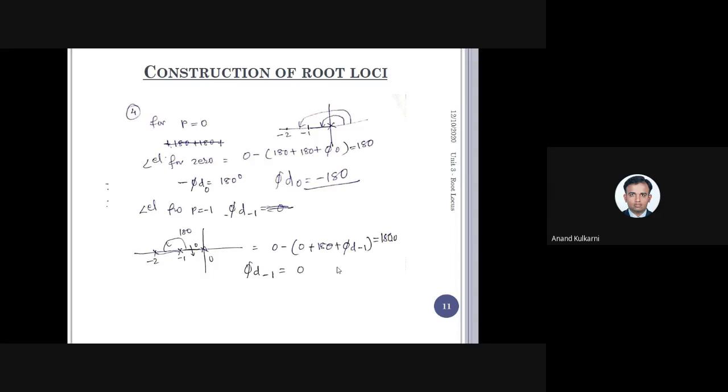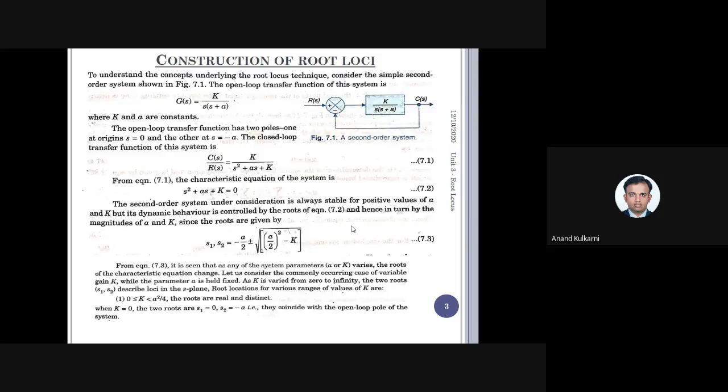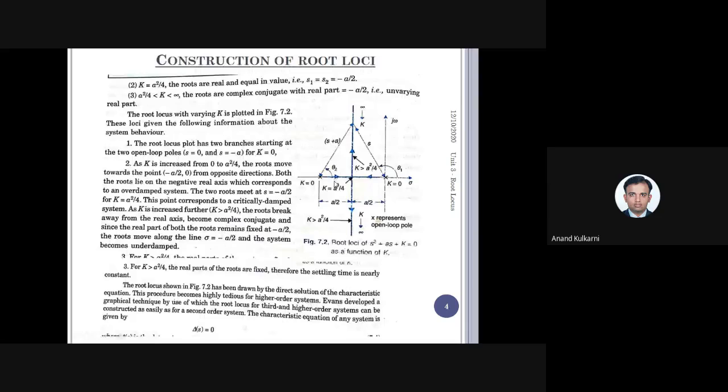So zero angle means, when it is coming towards this, that means the second pole, which is at minus 1, its root locus will not go towards left, but it will come towards right. Just like this problem. It is not going this way. It is coming this way. Is it clear?